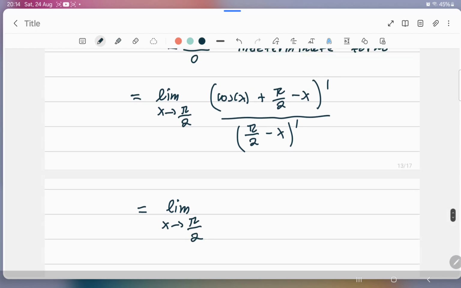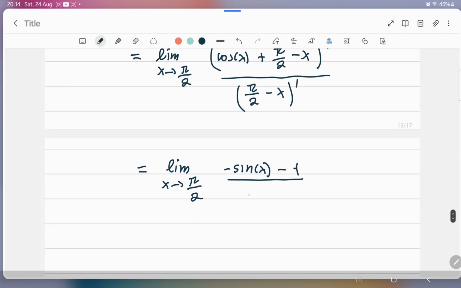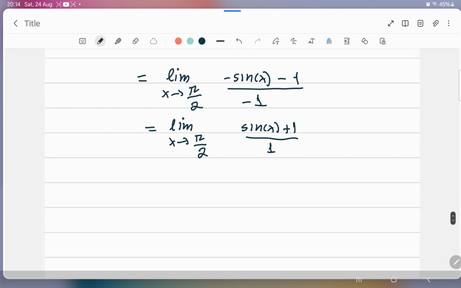So the derivative of the numerator is, the derivative of cos is minus sine x minus 1, and the derivative in the denominator is minus 1. So this can be written as the limit as x goes to pi over 2 of sine x plus 1 divided by 1. I can change the signs here.